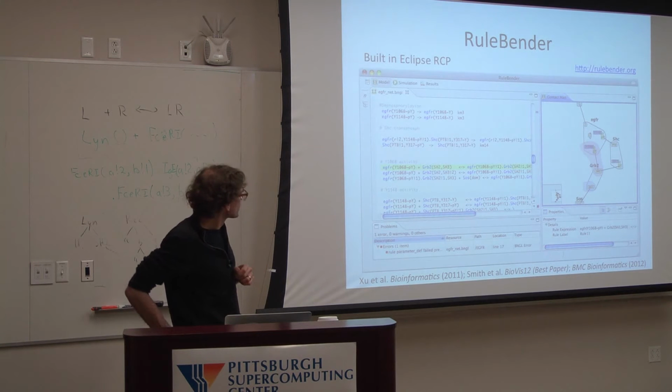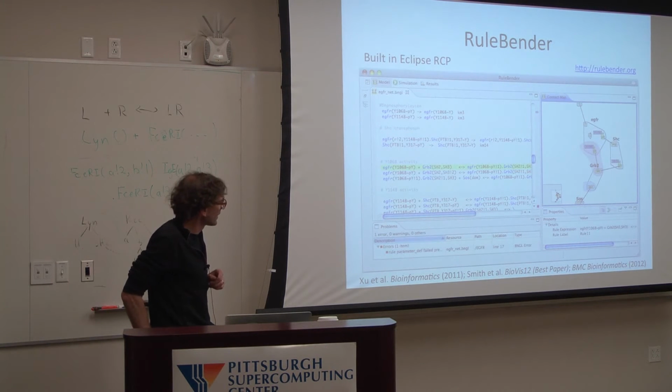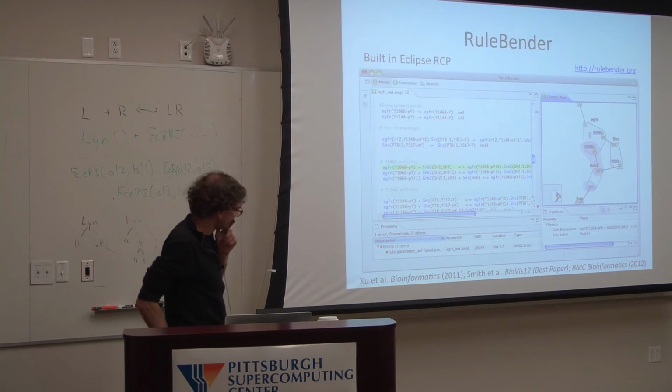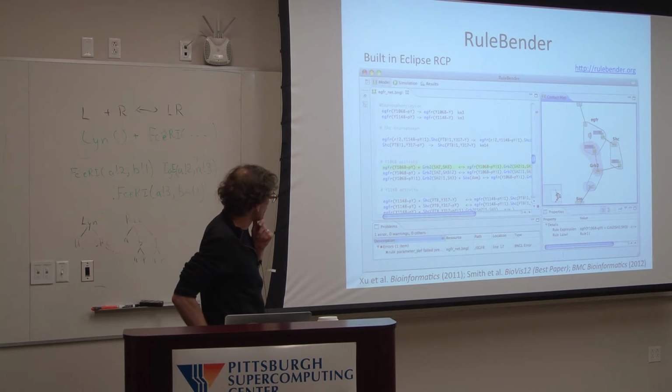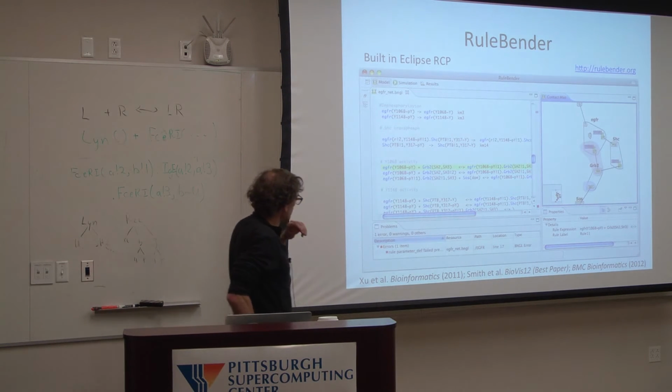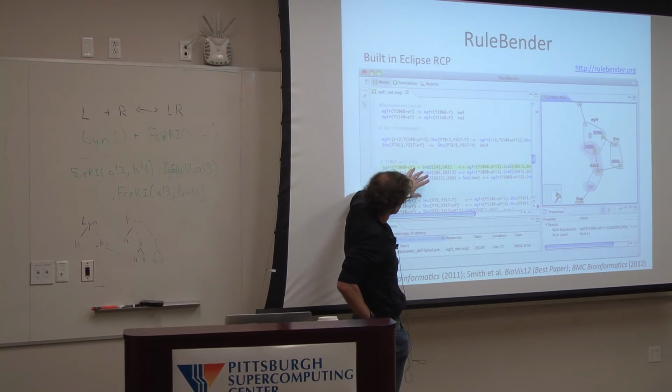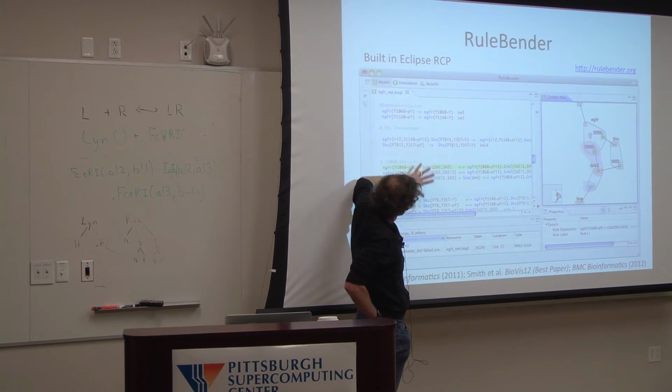Okay. So what I wanted to show today, what Jose will be working with, and I'll give a short demonstration now, is the development tool that we have for building and simulating rule-based models. It's called RuleBender, and it basically consists of an editor window that's got some rich text features in it.